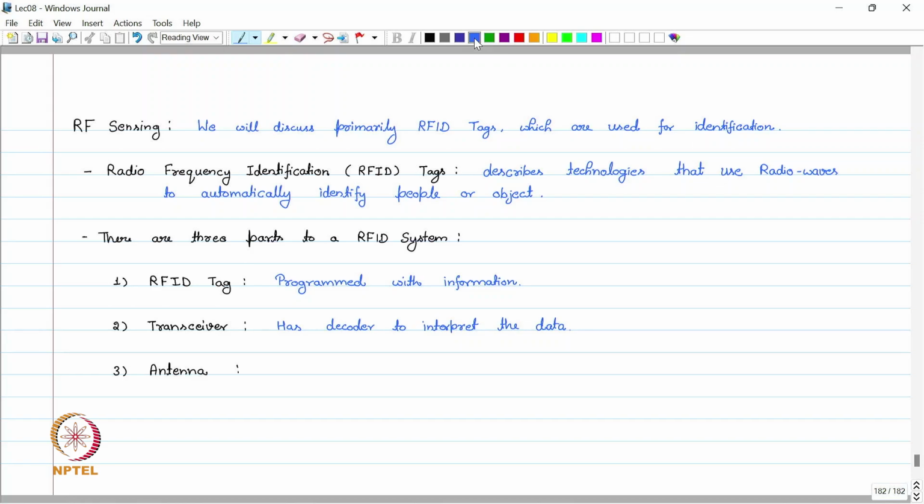So this antenna provides a means of communication and energy to communicate with RFID tags.